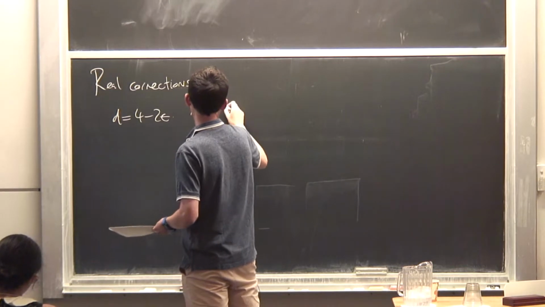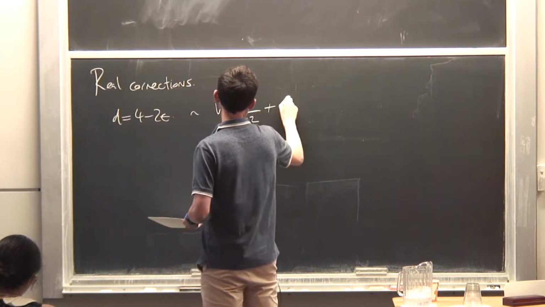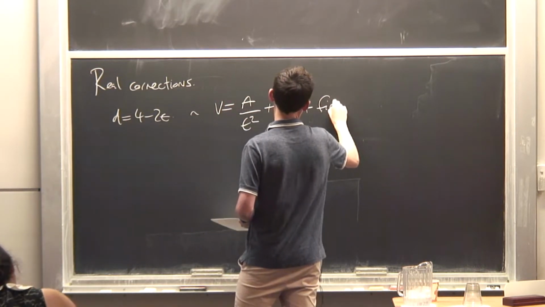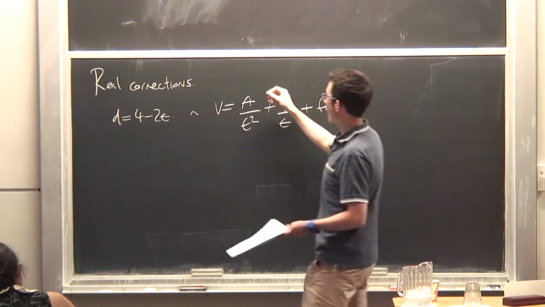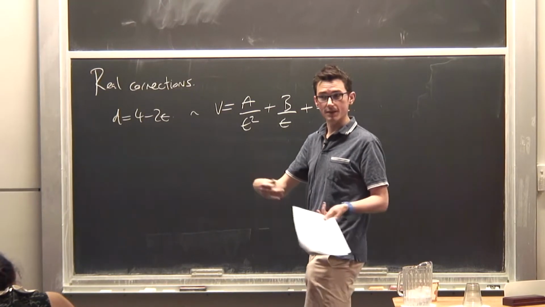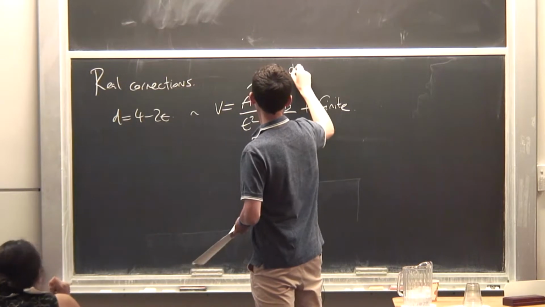So the virtual bits give us something which goes like 1 over epsilon squared plus something else over epsilon plus a finite function as epsilon goes to 0. After UV renormalization, so we assume that we've renormalized all of our couplings and any relevant masses, these are now infrared divergences.